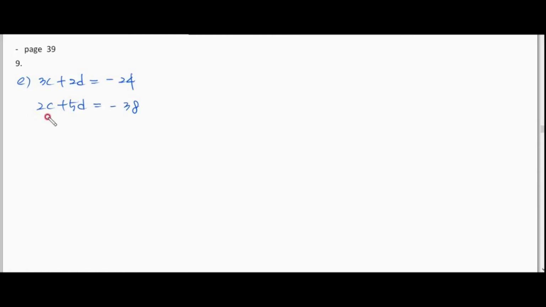In this question, it isn't that easy. First, I'll solve for c. Then 2c equals negative 5d minus 38. But because this is 3c and this is 2c, this time I'll divide both sides by 2. Then c equals negative 5 over 2 d minus 19. And then let's put that c into the 3c right there.